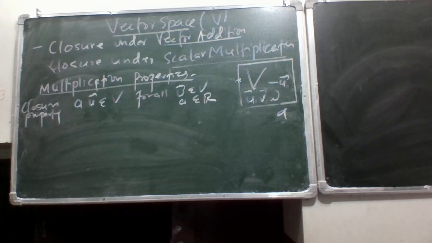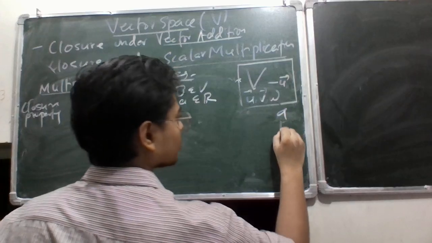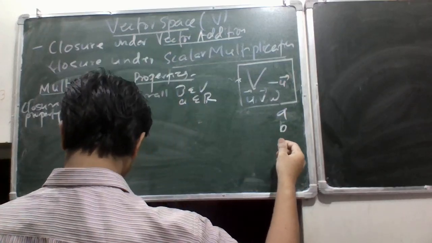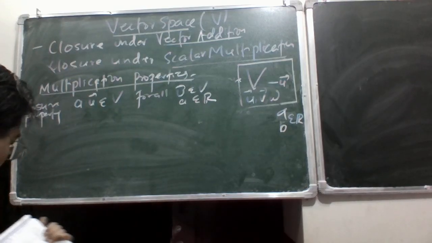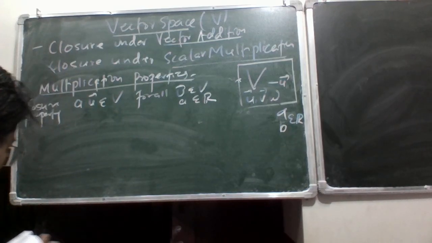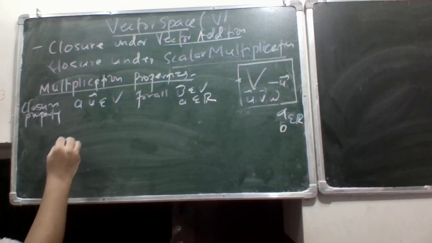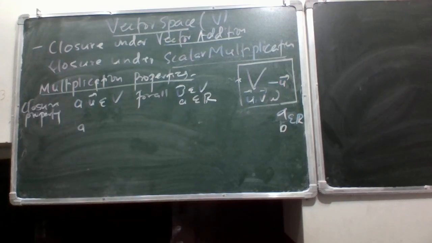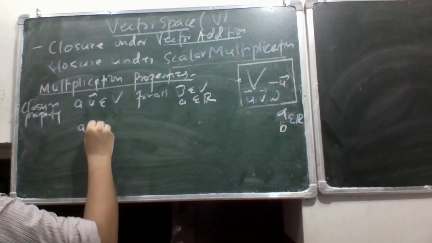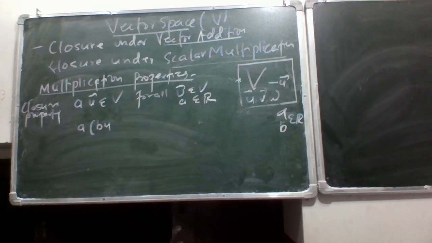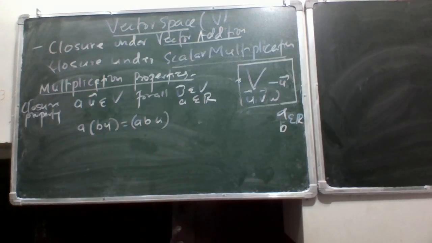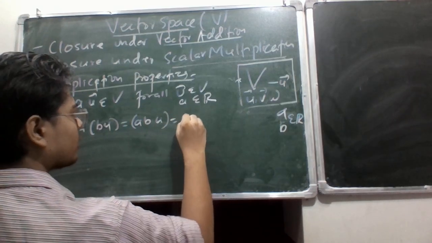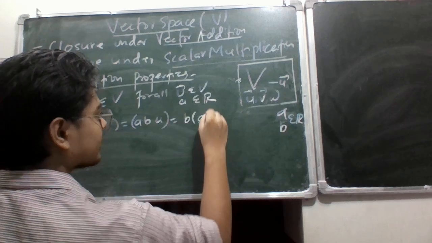Okay. Now the second property is if we have two scalars, let's suppose a and b, which both belong to the real numbers. If that is the case, then I can write a times b times u, which is also equal to ab times u, and again which is equal to b times au.